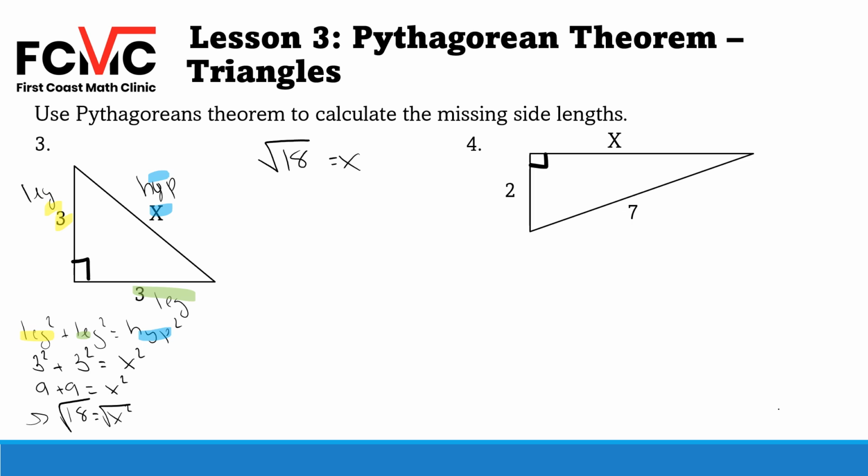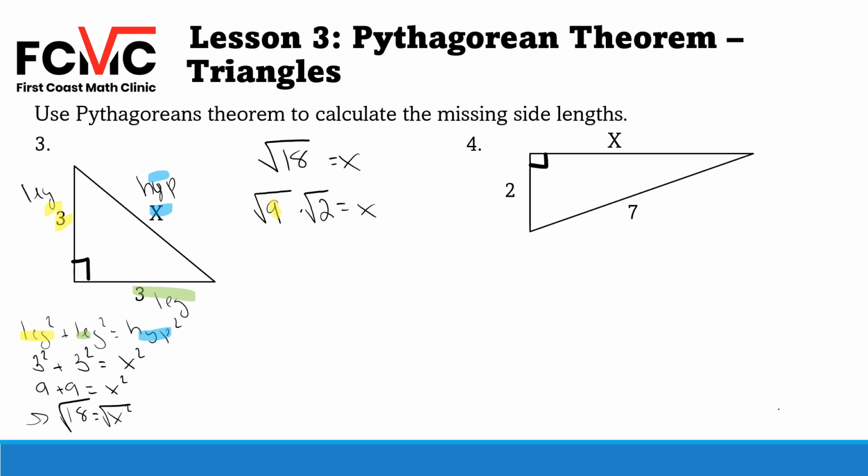We could break this up into the square root of 9 times the square root of 2. I chose the square root of 9 in particular because 9 is a perfect square. 9 and 2 are my factors of 18.